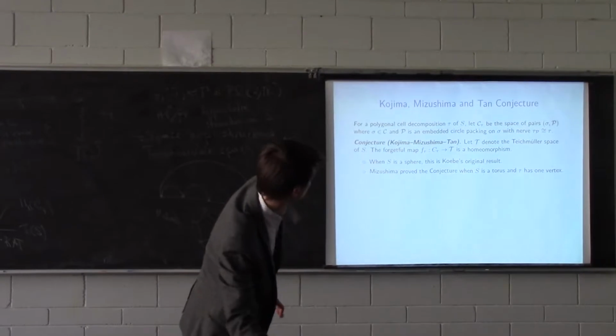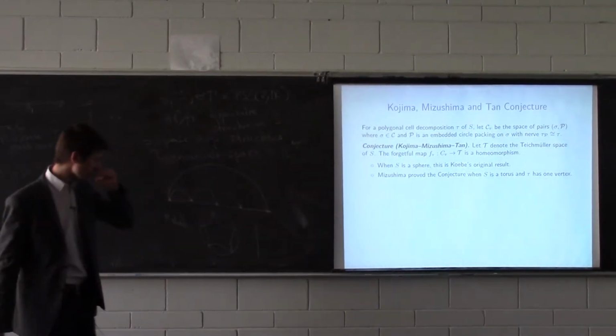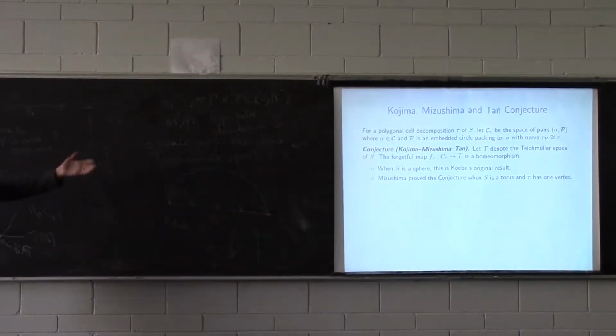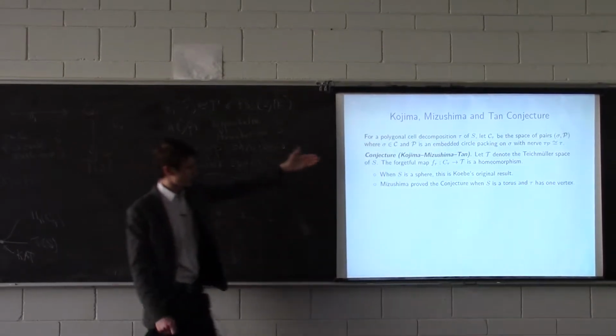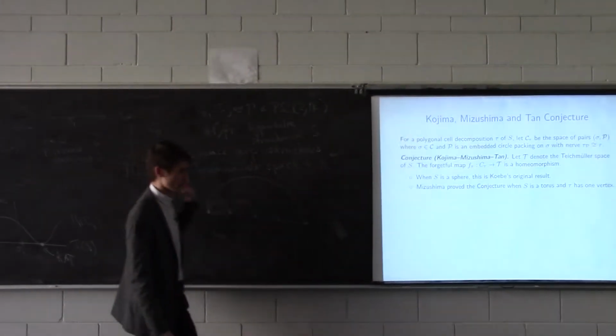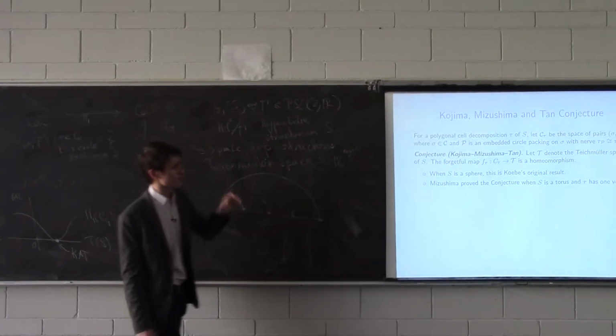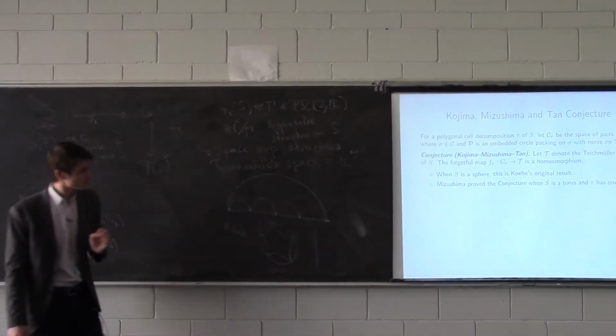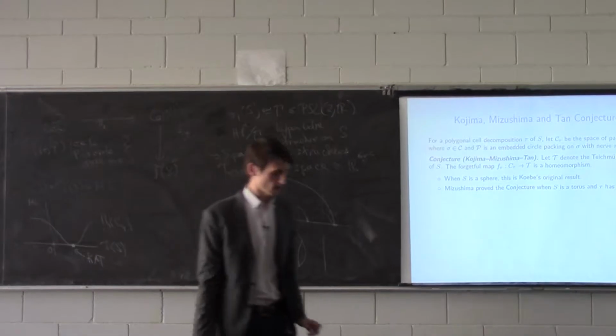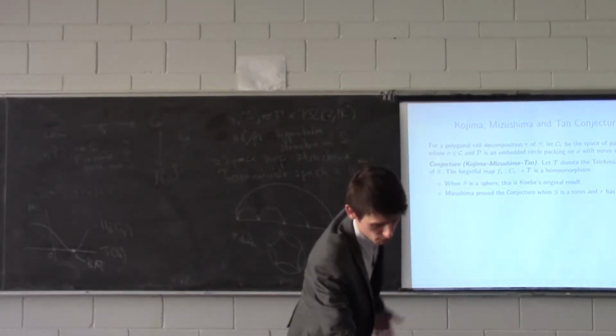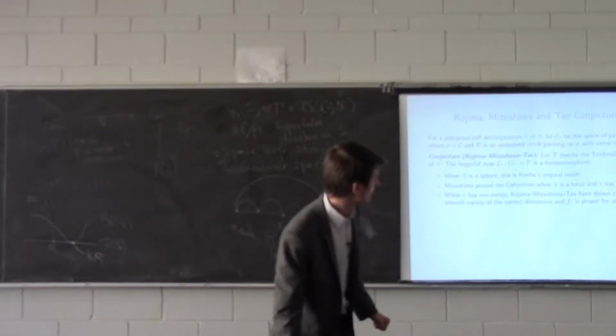This is kind of the same picture as before. This is a list of things that are known. When S is a sphere, all these things are points. Mizushima proved the conjecture when S is a torus and tau has one vertex, using just computational techniques. He showed explicitly what this was.